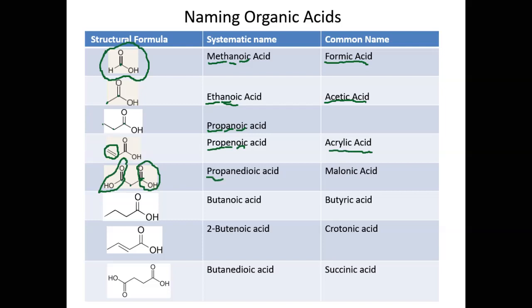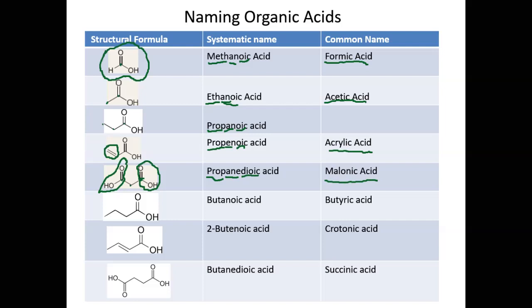And since those 3 carbons are connected by single bonds, we use the same ending ane. Now, since there are 2 carboxylic acids, we use the ending dioic. So this is propanedioic acid. Propane meaning the 3 carbons are connected by single bonds. Dioic means there are 2 carboxylate groups on the acid. And this is commonly referred to as malonic acid.